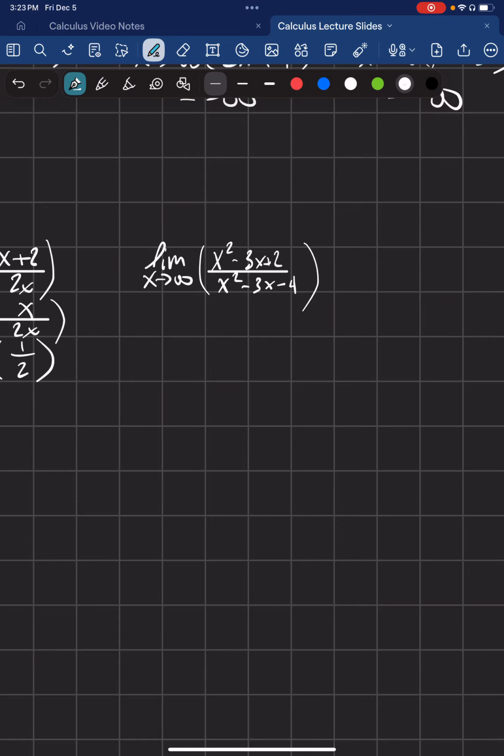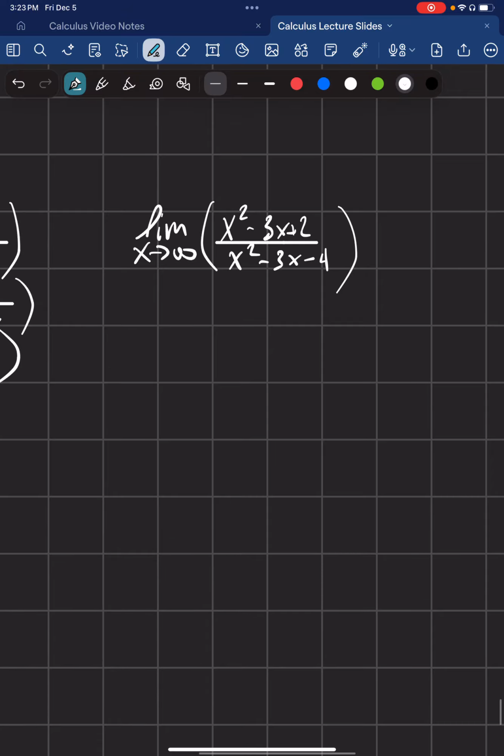So similarly with how we did before, as x approaches these bigger and bigger values, some of these terms don't matter. When you end up with functions like this where you have different degrees, what you do is you only focus on the highest degree. And so in this case, our highest degree is 2, with our x squared degrees on the top and bottom.